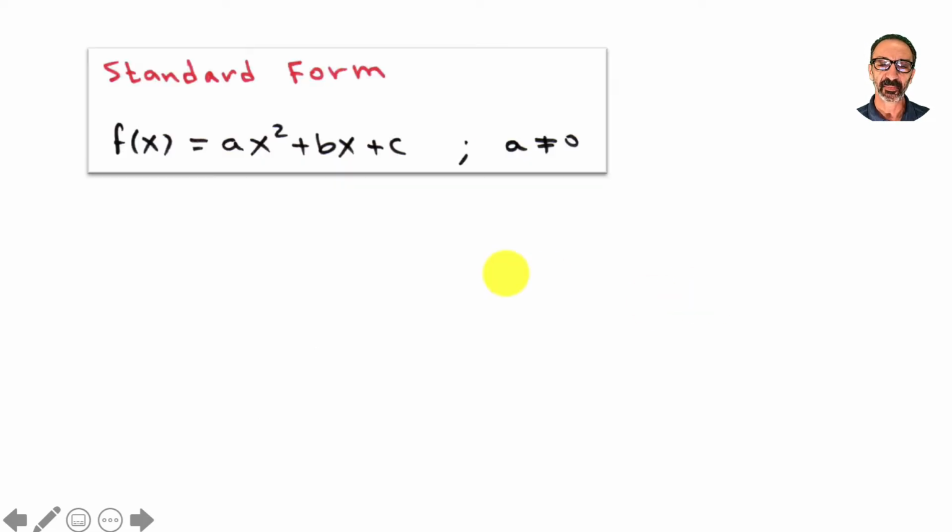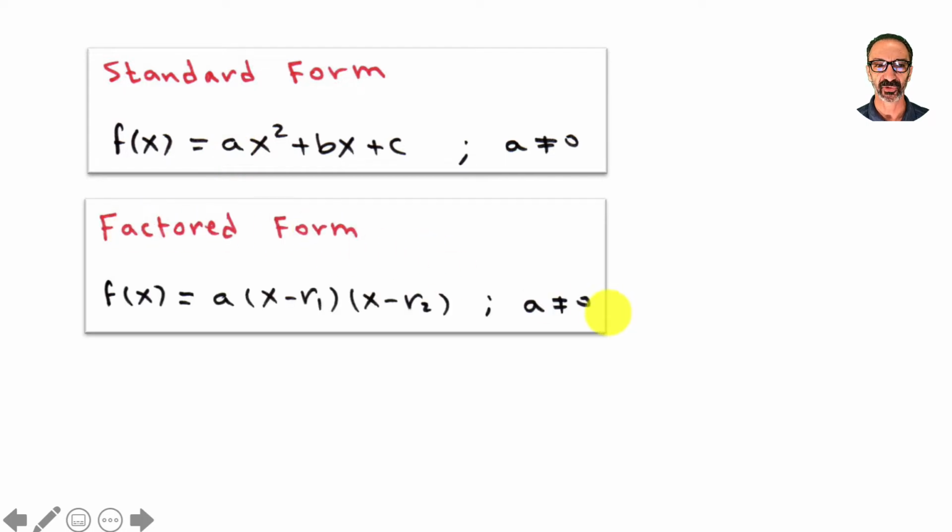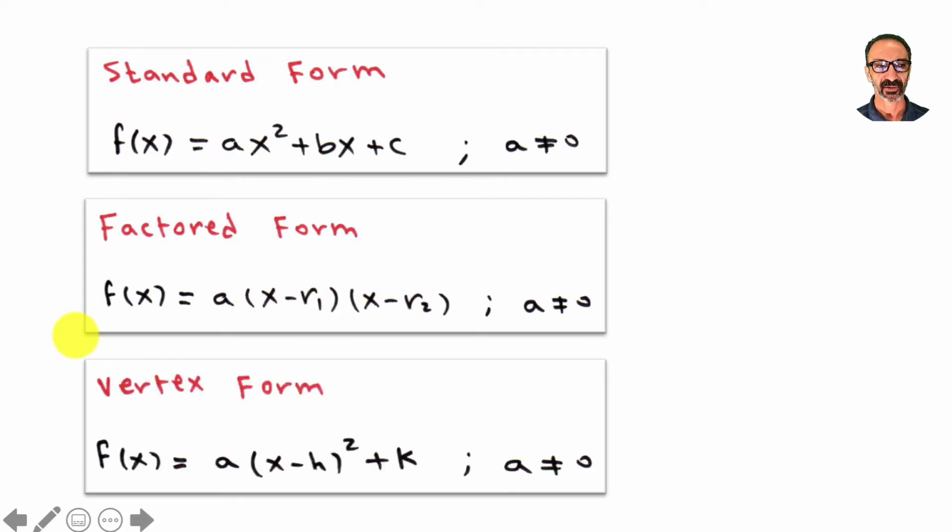The standard form is ax squared plus bx plus c. Of course, a cannot equal 0, because if a equals 0, this term will cancel, and now you don't have a second degree function, you just have a linear equation. Same thing for the factored form, a cannot equal 0, and this is how we write it down. The vertex form, this is how we write it down.